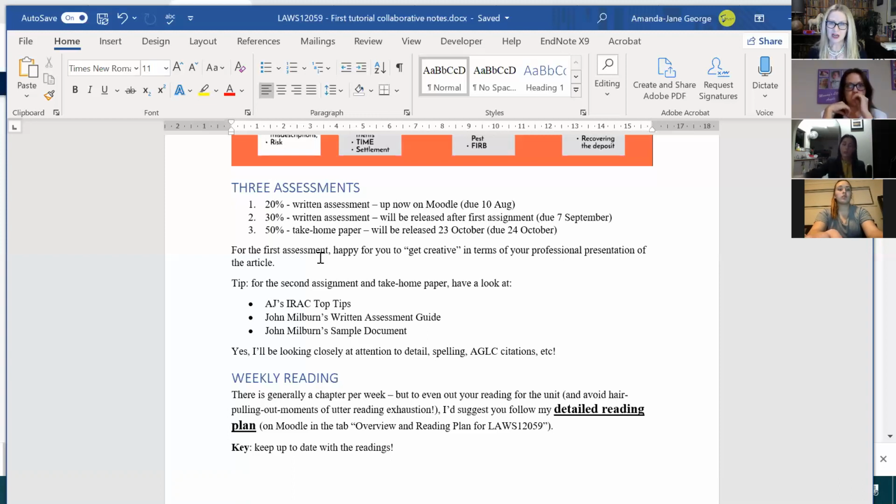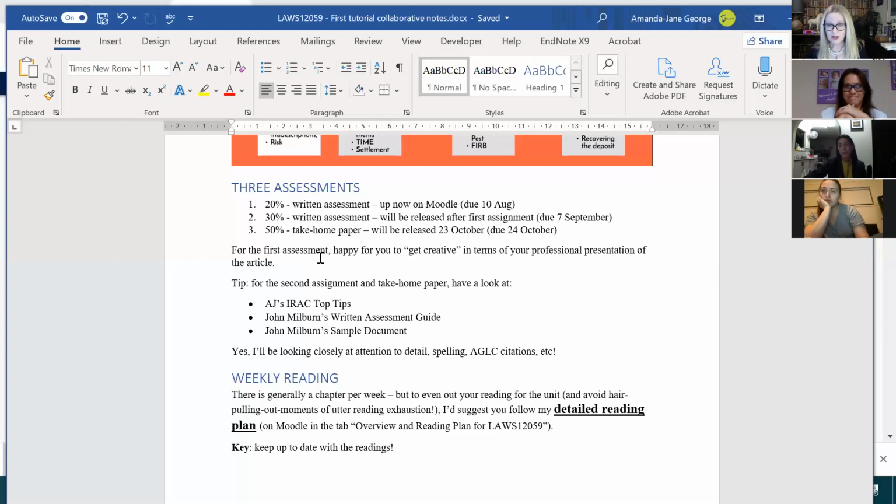Some of the chapters are so long, you will be tearing your hair out and your eyes will be bleeding by the end of that week. And the other issue is that there's 1 week, at least towards the back end of the unit, where there's 2 chapters set for that week. I think it's week 8.